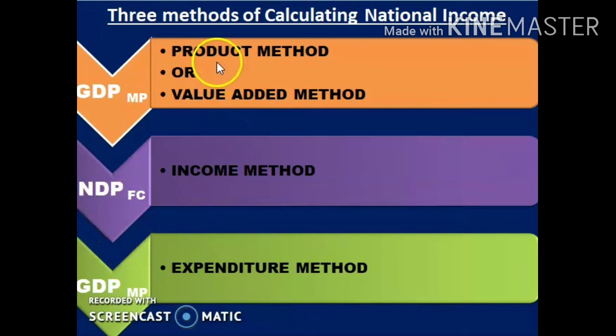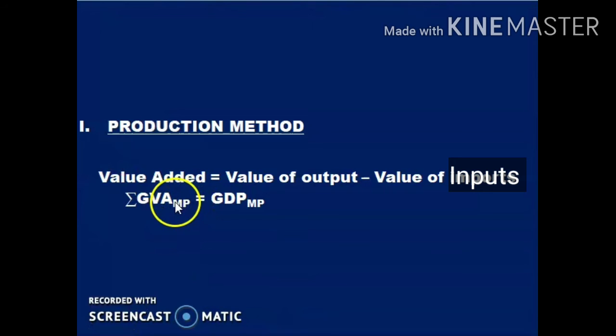So how will you calculate the product method? The formula for the product method is value added equals value of output minus value of inputs. It's the production which is taking place in our country, and that is what we are taking into account.